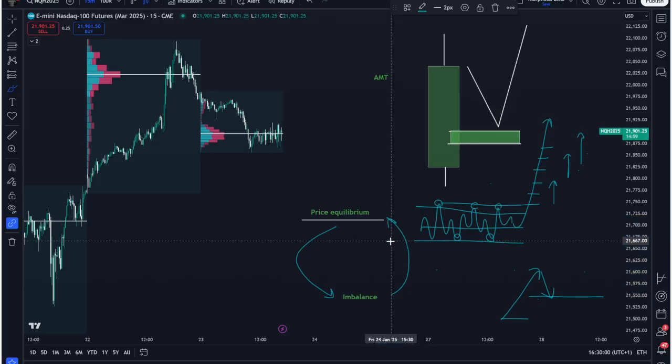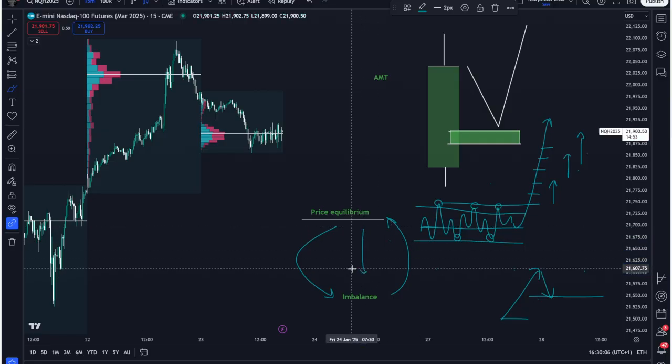Of course, the reasons that can bring us to price equilibrium or to imbalance are different. We can have, for example, a fundamental event that completely changes what is happening in the market and the outlook of the market participants. Let's make an example.